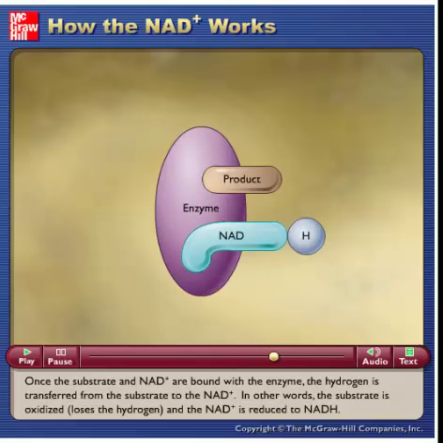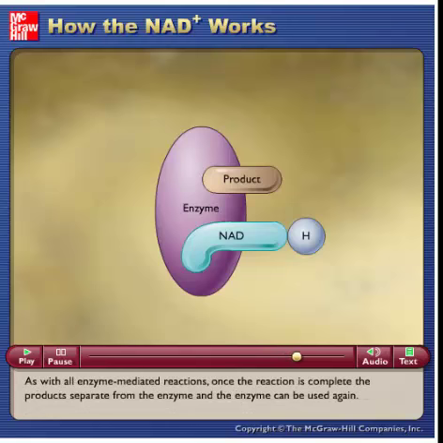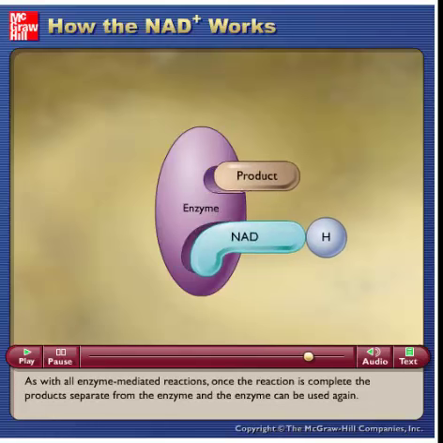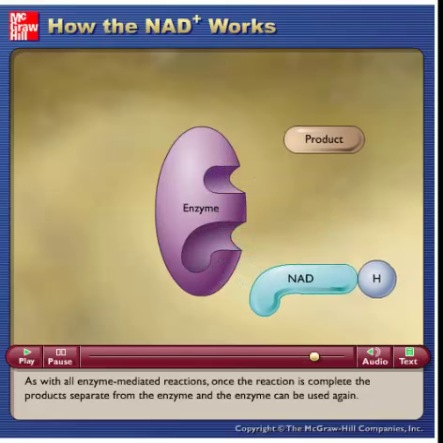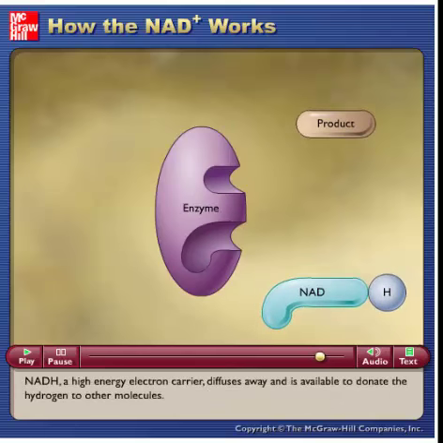In other words, the substrate is oxidized, loses the hydrogen, and the NAD+ is reduced to NADH. As with all enzyme-mediated reactions, once the reaction is complete, the products separate from the enzyme and the enzyme can be used again. NADH, a high-energy electron carrier, diffuses away and is available to donate the hydrogen to other molecules.